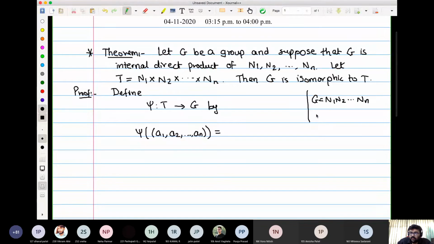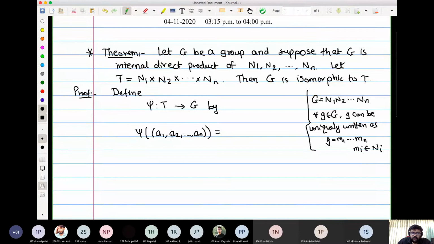And not only that, every element g in G can be uniquely written as g equals m1 m2 up to mn, where mi belongs to Ni. This is the definition of internal direct product.